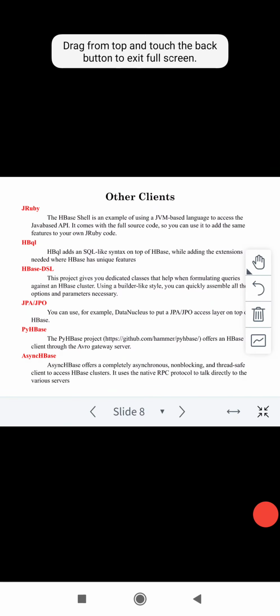You need to talk about the write-ahead log, that is what you call HLog. And the next term, ZooKeeper. Okay, and next, about HBase clients. There, at least you should talk about REST, Thrift, and Avro. And then other clients you need to talk about are JRuby, HBQL, HBase DSL, and JPA. Okay, so these are the subtopics in HBase.